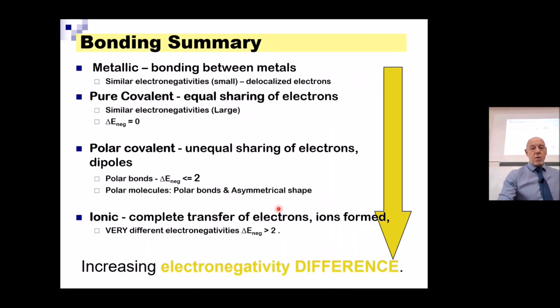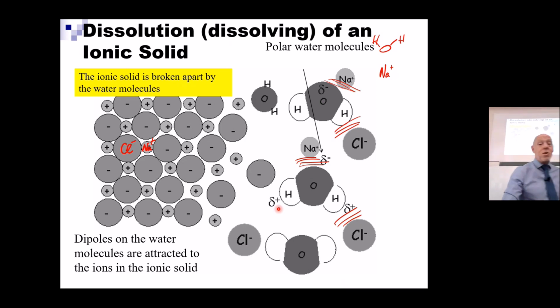That's the bonding summary. But 1 minute, let me just explain this slide, because then we're done with the initial bit of bonding. Your parents have paid for this minute, we might as well use it. This slide is showing you how ionic solids dissolve. This here is supposed to be ionic solid, negative ions, positive ions. Don't pack up while I'm talking, it's rude. So, you've got positive ions and negative ions.